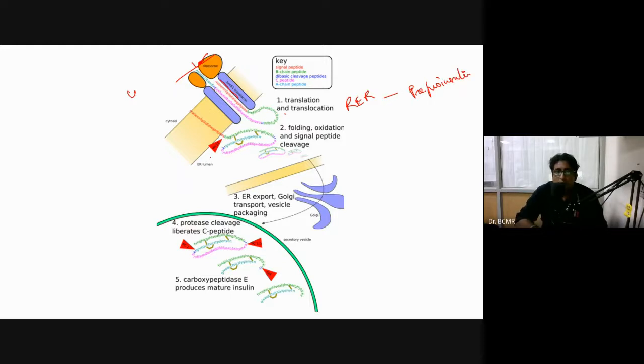Upon that, it is processed. The signal peptide is cleaved away, and what is left is pro-insulin. This pro-insulin is further modified in the secretory vesicle. There it loses the chain C, and now what we have is chain A and chain B attached together with 2 disulfide bonds. Okay.